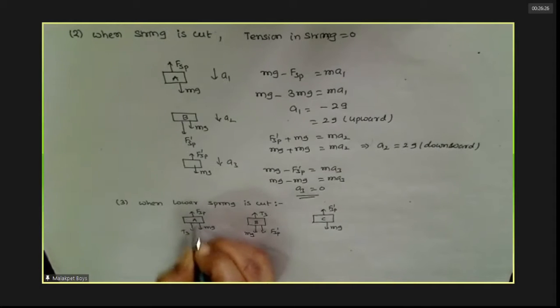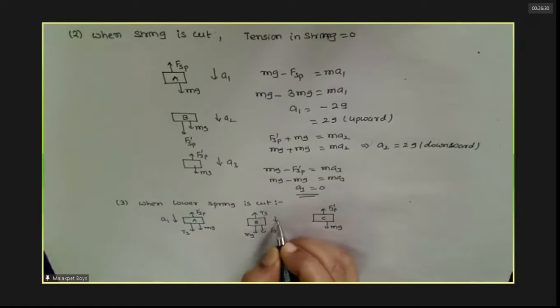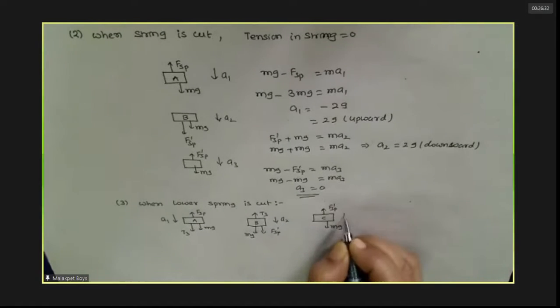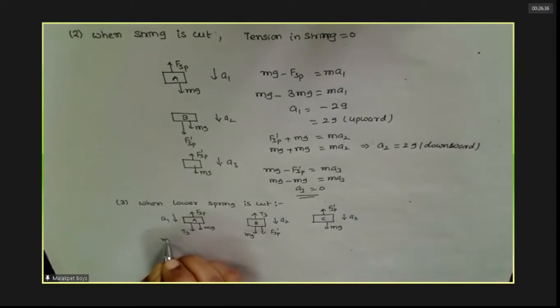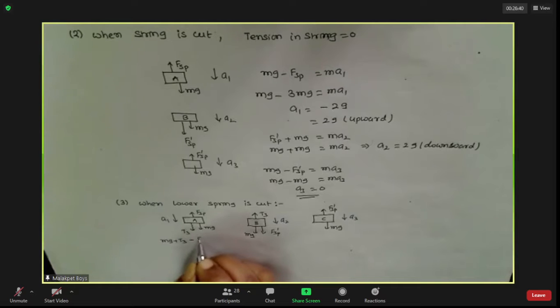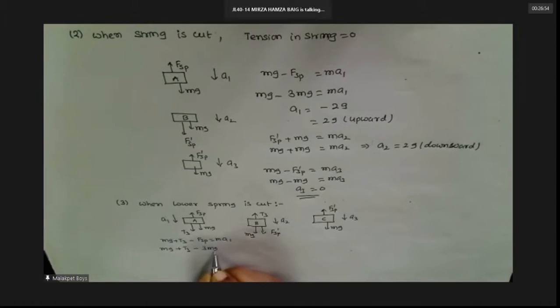So now you have, this is A. A1, A2, A3. So what you have? Mg plus, what is the spring force you previously got? mg.